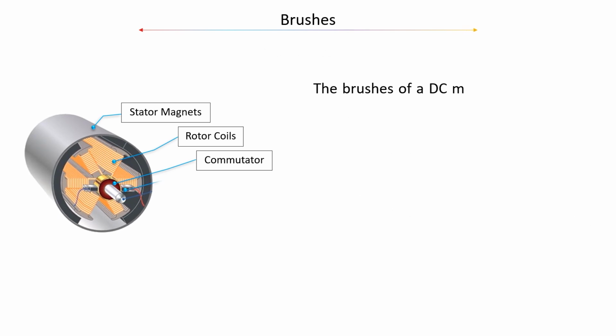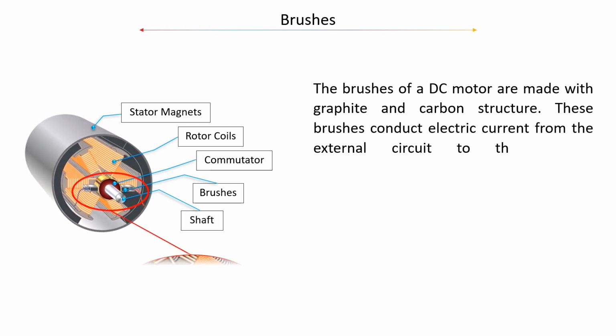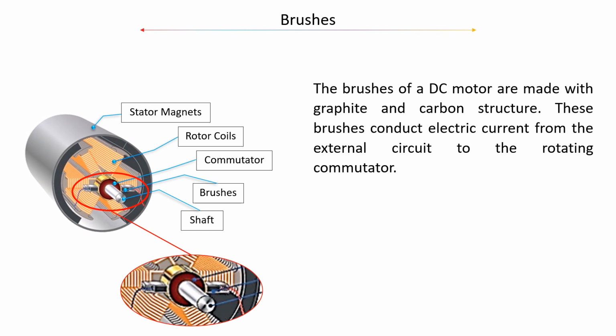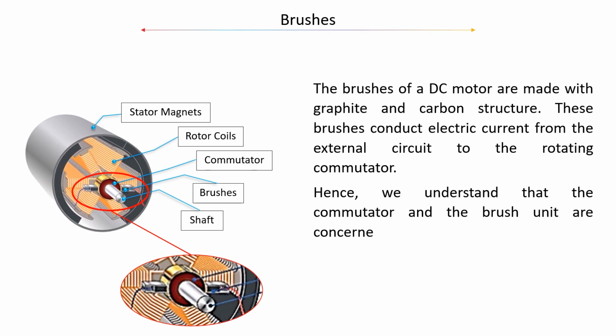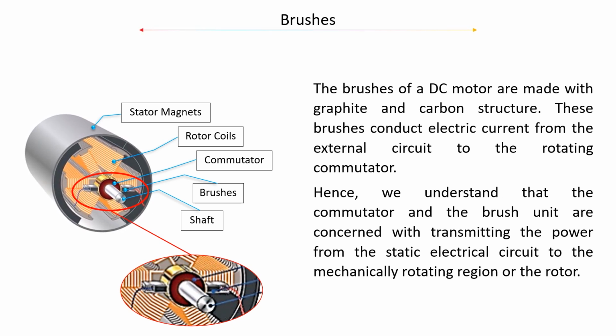The brushes of a DC motor are made with graphite and carbon structure. These brushes conduct electric current from the external circuit to the rotating commutator. Hence, we understand that the commutator and the brush unit are concerned with transmitting the power from the static electrical circuit to the mechanically rotating region or the rotor.